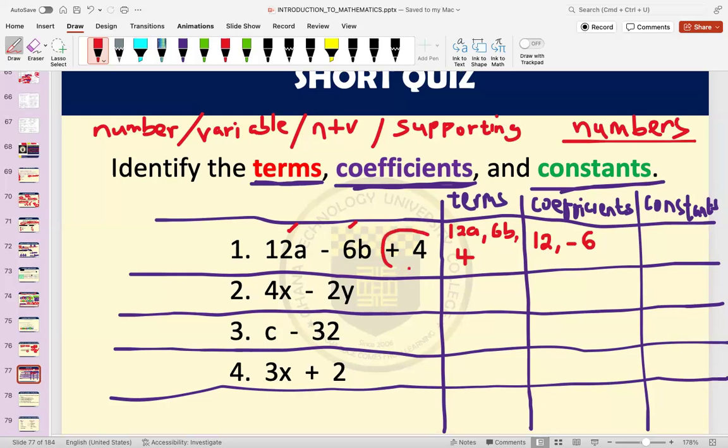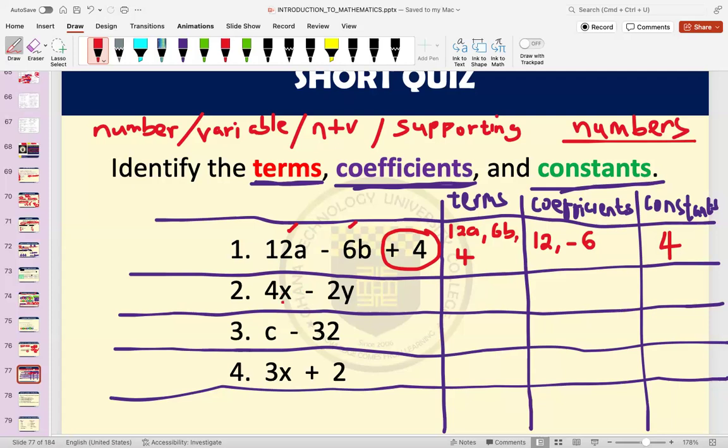So this constant is positive 4, and if it's positive 4, we normally don't bring the positive, so we write it as 4. So this is our first line answer. Our terms are 12a, 6b, and then 4.